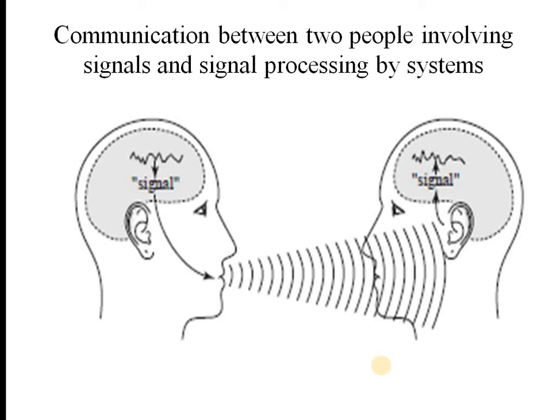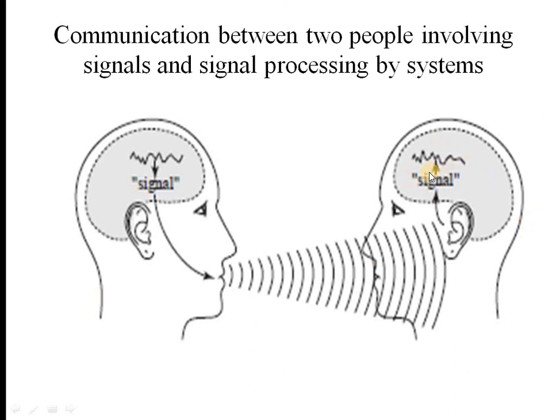Here the first person is saying the word signal and the other person is hearing it. Actually, the first person is a speaker and the second person is a listener.